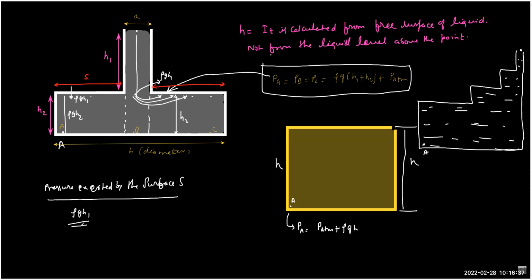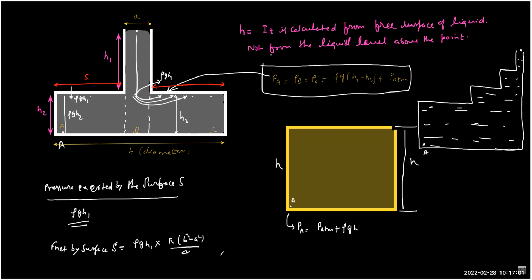So they may ask you to find the net force applied by the surface S. So F net by surface S will be how much? Rho g h1 into area, into pi (B square minus A square) by 4, because that's diameter.